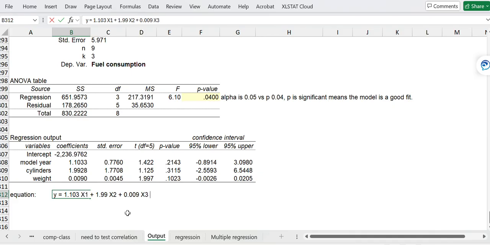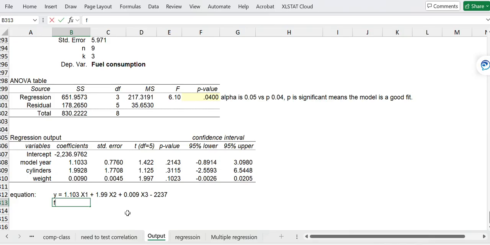You see the intercept is negative, right? So minus 2237. I will call it about minus 36.9. So I call this 37. Okay. So this is our equation.